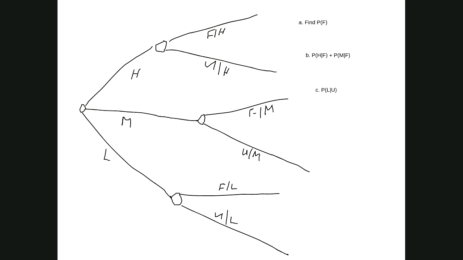We know that the answer to part A is going to be equal to 0.59. The second answer, to part B, is 0.898. The answer to part C is 0.41.